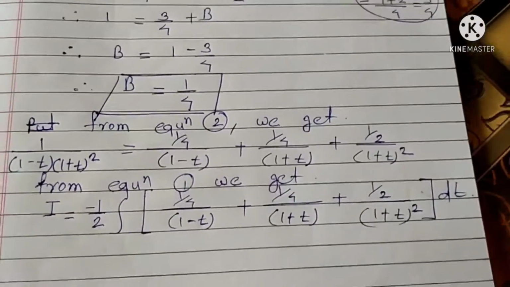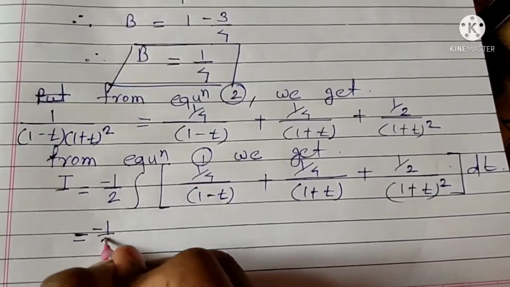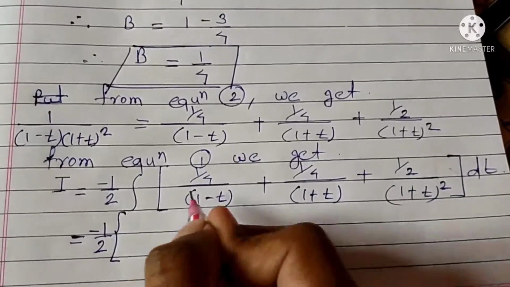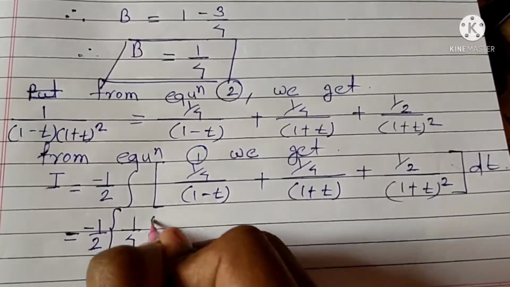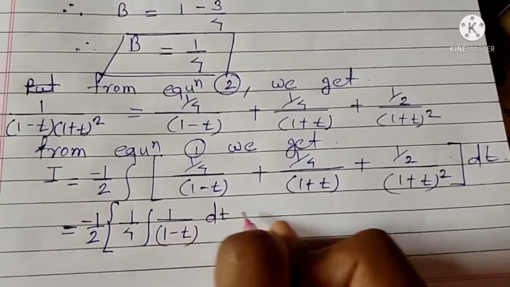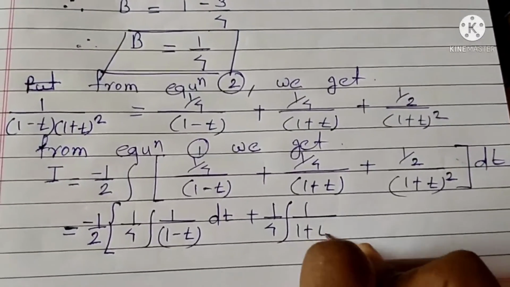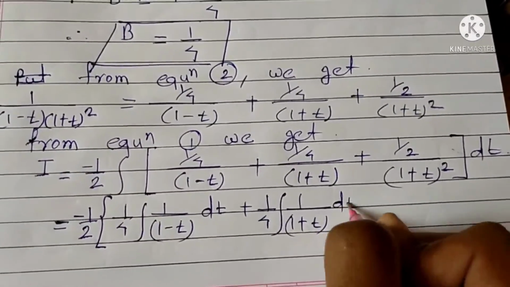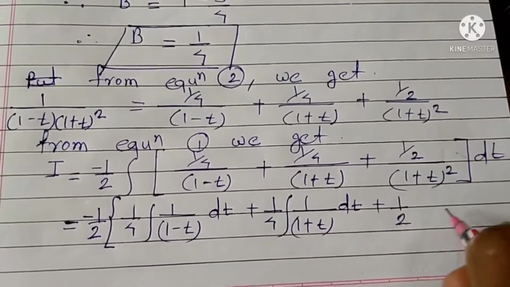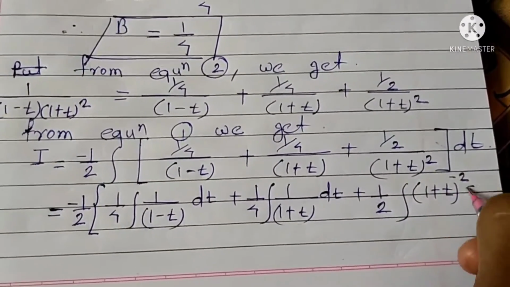Now take integration on summation. So it is −1/2, and 1/4 is a constant, take it outside of the integration. It is ∫ dt/(1−t) plus 1/4 ∫ dt/(1+t) plus 1/2 ∫ (1+t)^(−2) dt.